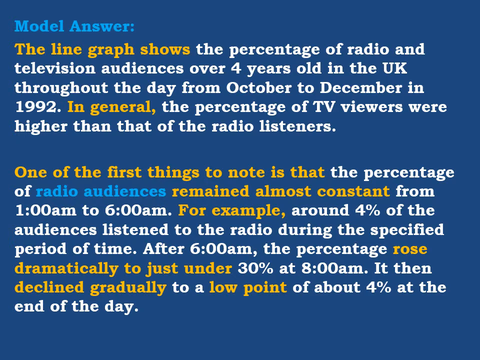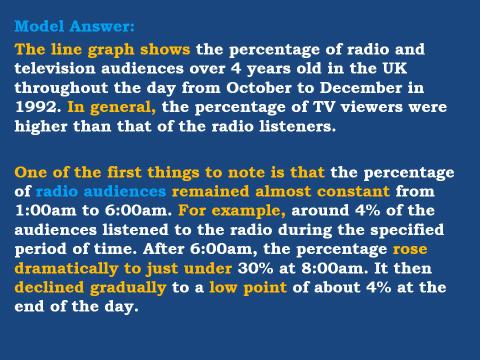So one of the first things to note is that the percentage of radio audiences remained almost constant from 1 a.m. to 6 a.m. We will focus first on radio audiences, but not focus on one thing when we give the details, the example. We will try to mention the most obvious things regarding radio all through the day.